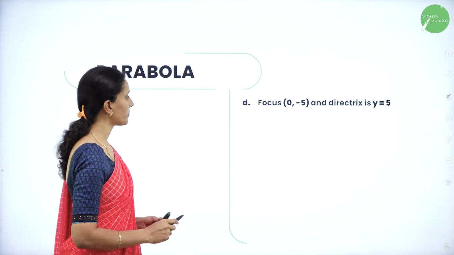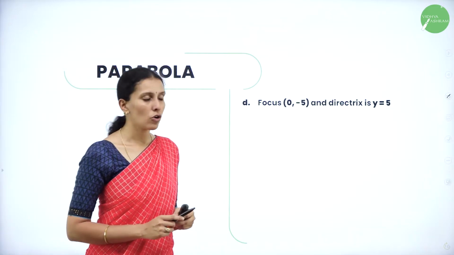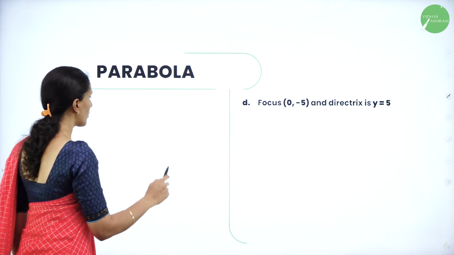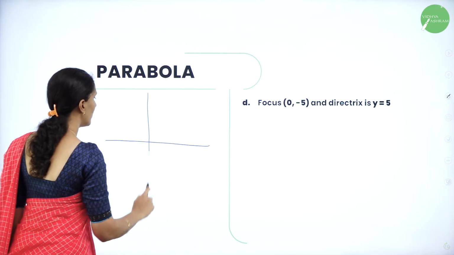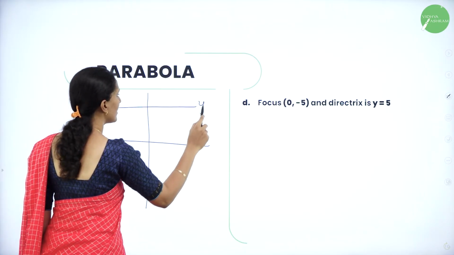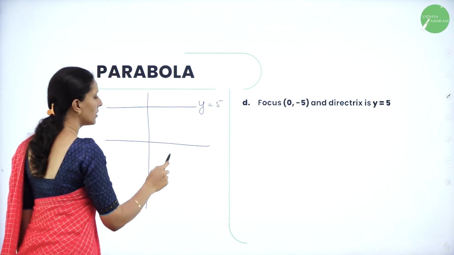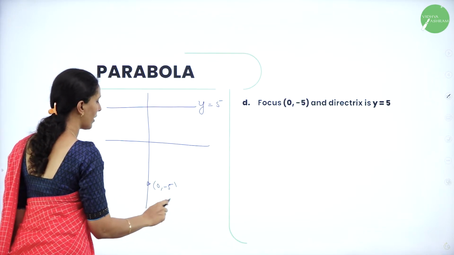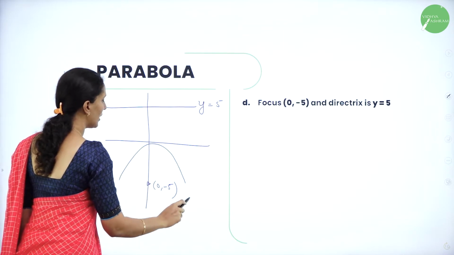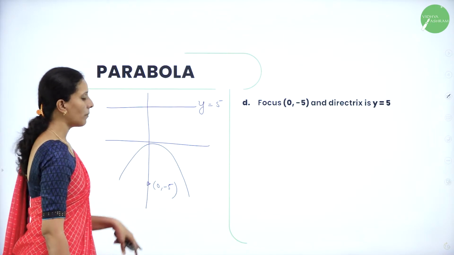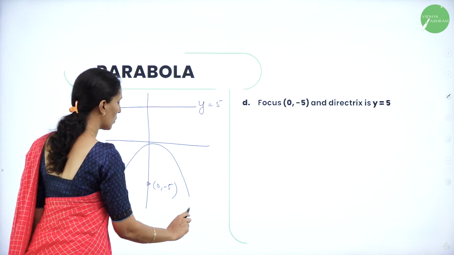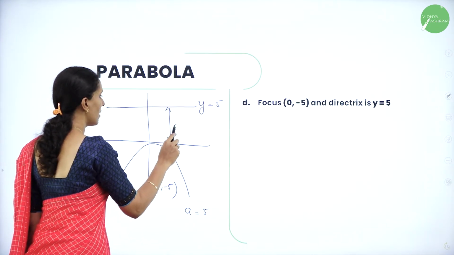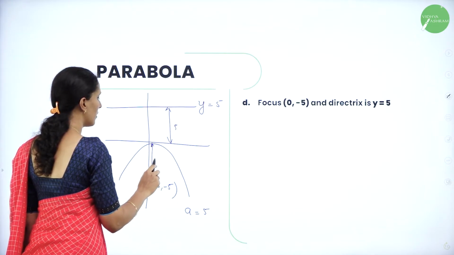Next question. So focus is 0, minus 5. Directrix is y is equal to 5. So clearly we can write a directrix is y is equal to 5. It's a parallel line to x-axis and focus is 0, minus 5. So my parabola will be a downward parabola. So from the observation, what I can conclude, a is equal to 5 because this is at a distance of 5 and this is also distance 5.